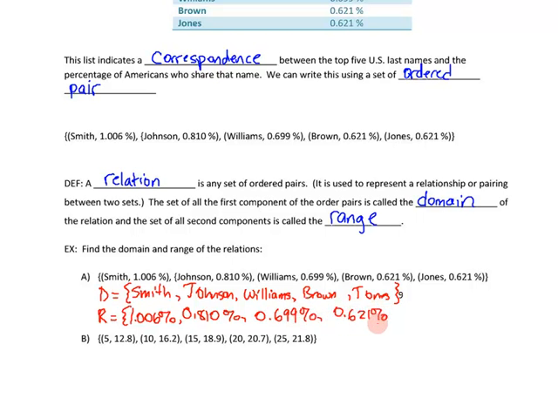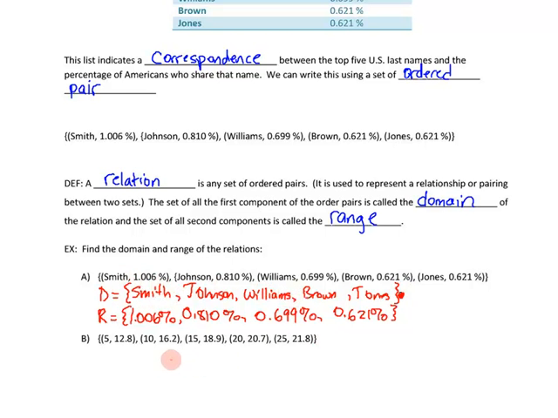Now I'm not going to list this one twice, even though I see it 2 times here, because this is a set, and a set only needs to list what's in the set. It doesn't matter whether it's in the set once or twice. If it's in the set, it's in the set. If it's not, it's not. So we only list elements of a set one time. So our range are these 4 values here, and our domain was Smith, Johnson, Williams, Brown, and Jones.